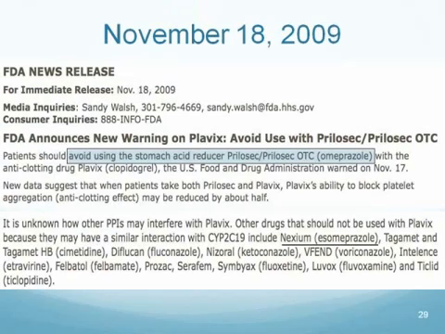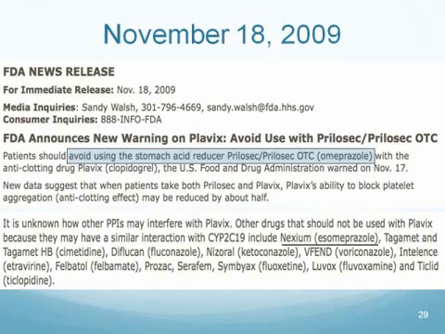I would point out that in November of 2009, the FDA came out with a release recommending avoiding using omeprazole in combination with clopidogrel. And they went further in this news release, which is down at the bottom of this slide.